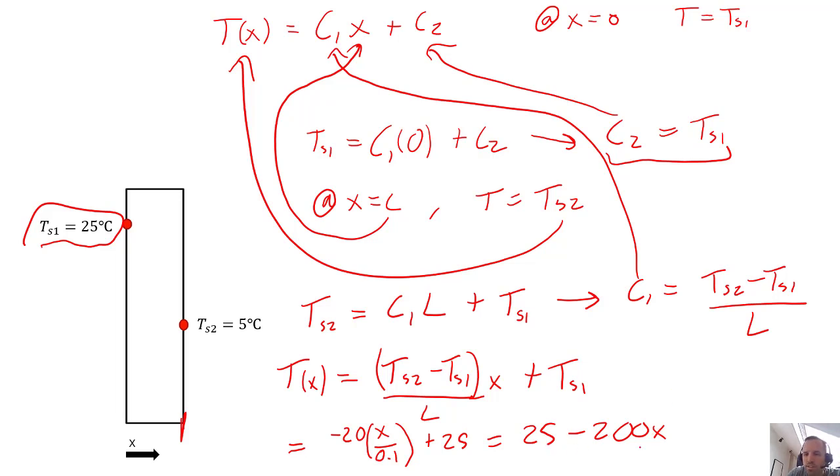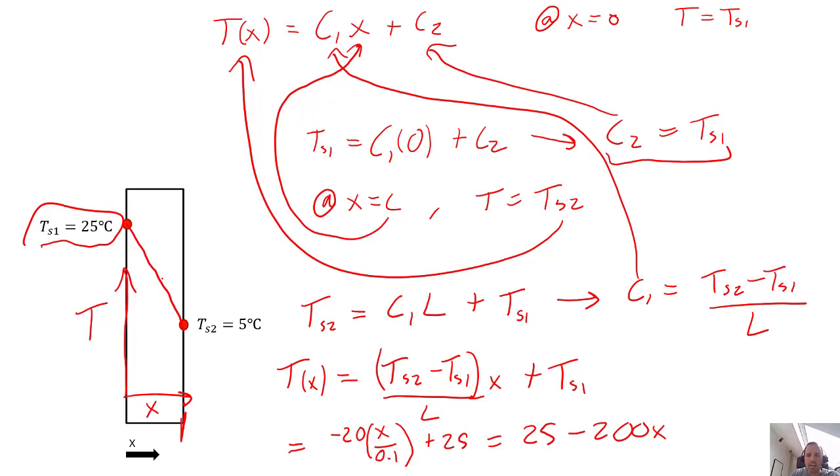At x equals L, remember L is 0.1 times 200 would be 20, so 25 minus 20 would be 5. So we can see we've confirmed that we have the correct equation. It works out at both of these, and it's just the equation of a straight line. So if we could superimpose a plot of temperature over this diagram of our wall, we would see that in fact our temperature is just a straight line, and because we enforced those boundary conditions, we've forced our line to go through those 2 points where we know the temperature.